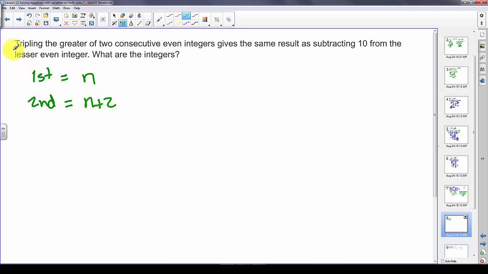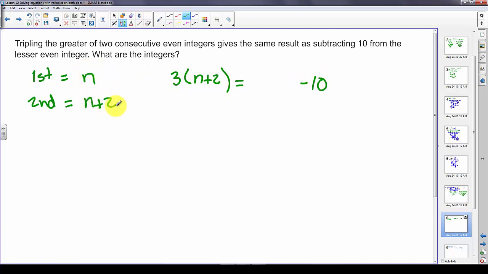And then going back to the problem, it says tripling the greater of two consecutive even integers. Well, the greater, since this is adding 2 to it, must be more than just n. So I'm going to triple that. 3 times that greater term gives the same result, which means is equal to subtracting 10 from the smaller integer.